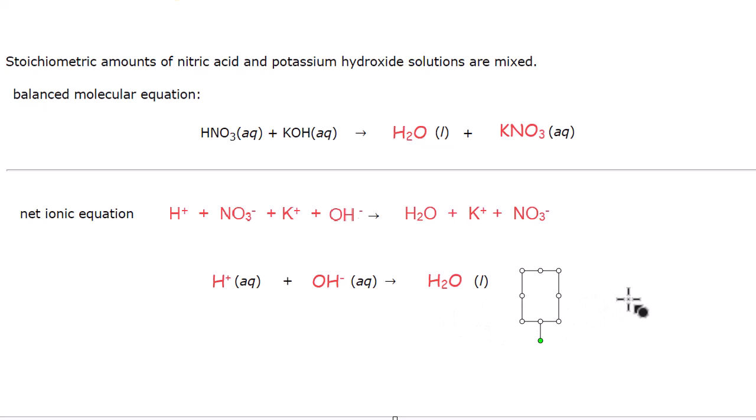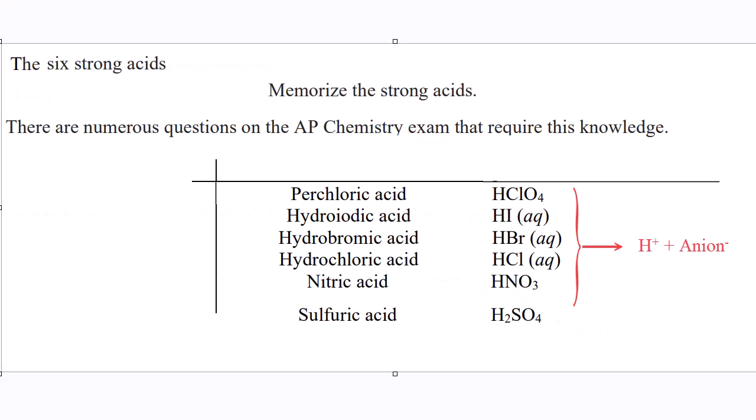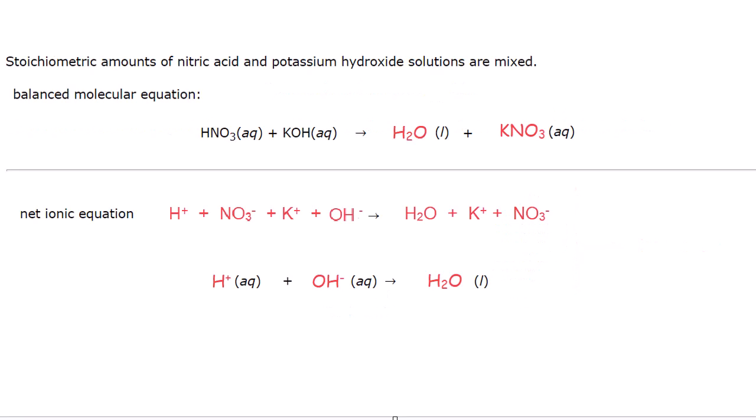Now, I said this was nice because, of course, it's simple, but this applies to all of our strong acids. If you're going to write a net reaction between any of these strong acids and a soluble hydroxide, an acid and hydroxide, all you have to worry about for a net ionic equation is H plus and OH minus making water. Now, I wrote aqueous and aqueous, so you know these have concentrations.